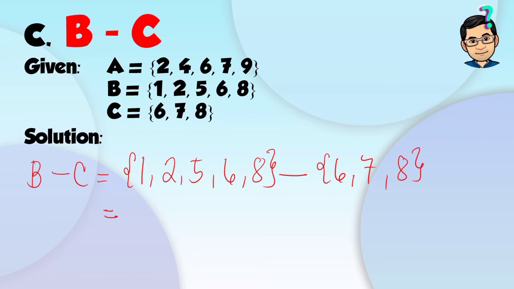Wala. What about 2? Wala din. 5? Wala. 6? Of course, 6. And then, 8. Meron din. So, kung tatanggalin natin yung 6 and 8 dito sa set B, ang magiging final answer natin is yung mga natira, of course. 1, 2, and 5 na wala dito sa kabilang set. So, 1, 2, 5 will be our final answer.